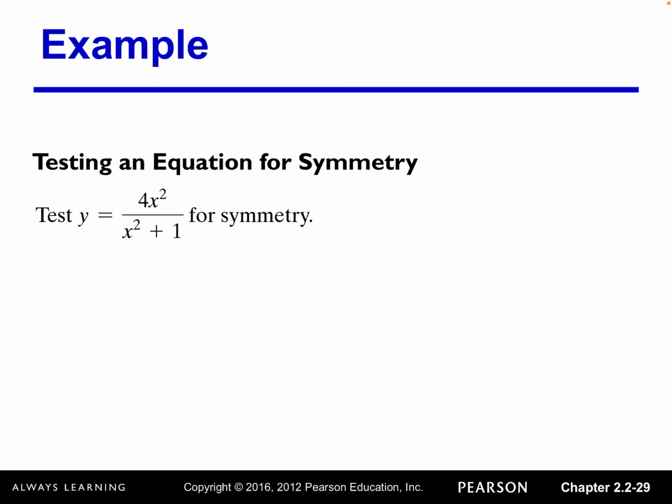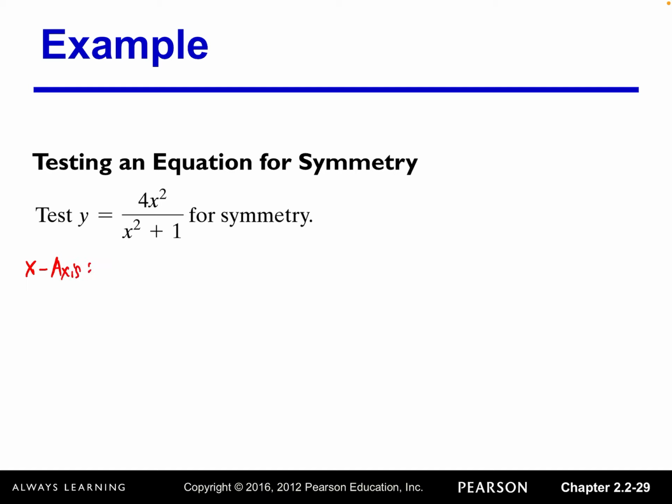Now we need to test for all three symmetry properties. We're going to do it one by one. First we're testing whether the graph of this equation is symmetric with respect to the x-axis or not.